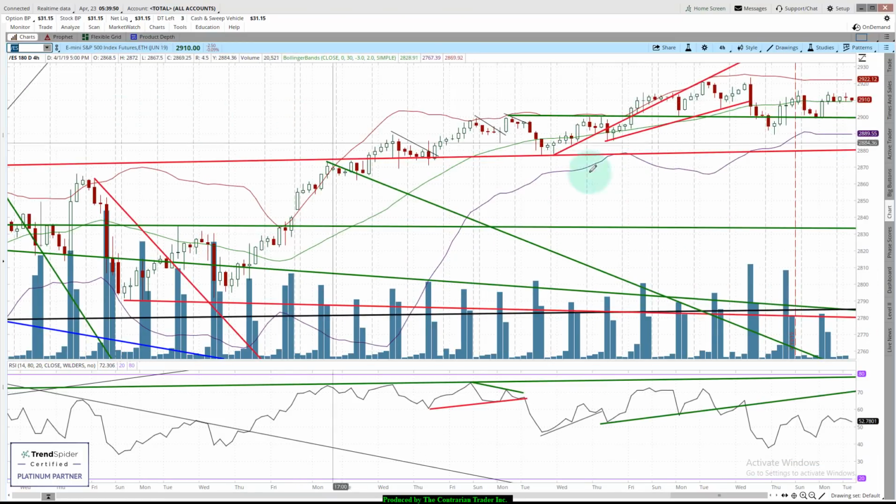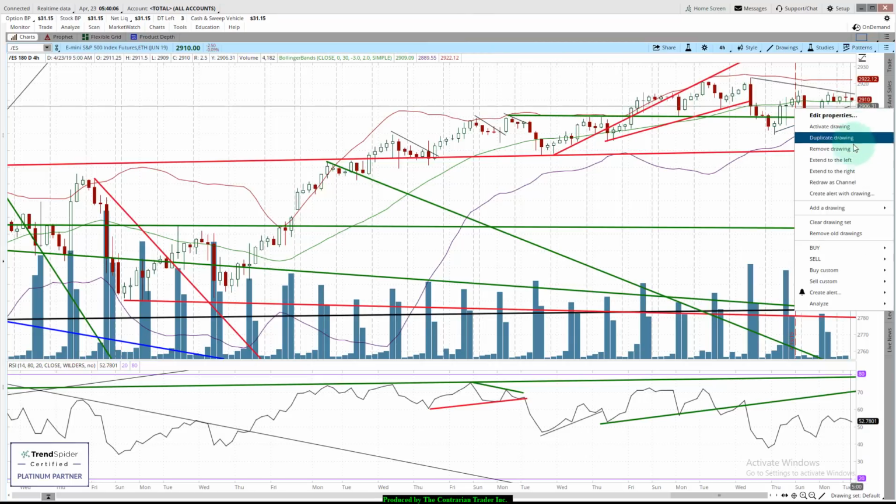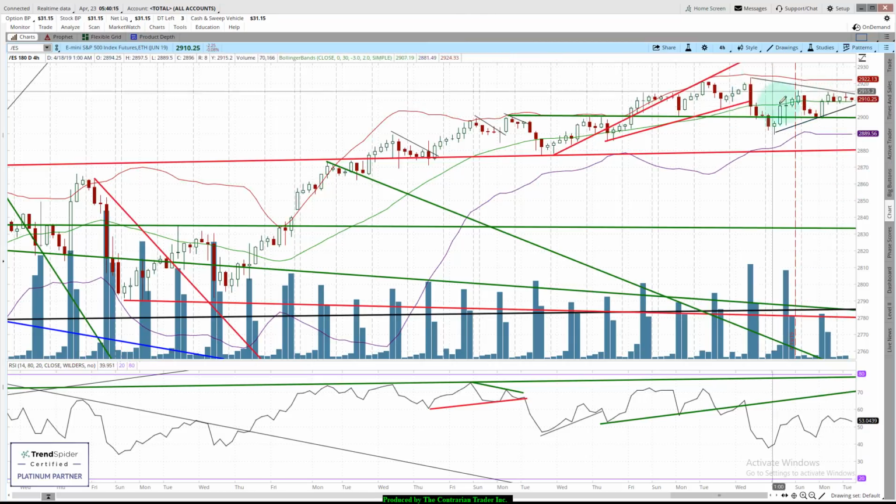Let's take a look at the stock market futures. The S&P 500 is down slightly on the morning. We're consolidating here. We continue to see higher lows, yet we have a bit of a lack of higher highs, but it means nothing until we break down to new lower lows, right? So right now, as far as I'm concerned, the S&P 500 is consolidating.